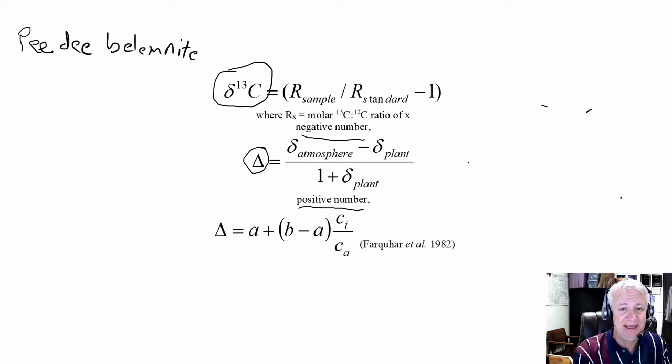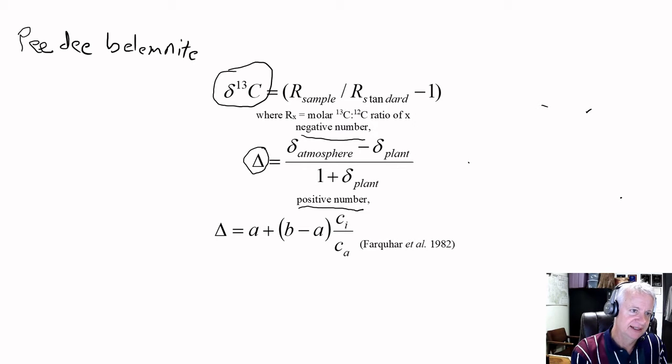What that means is that relative to PD belemnite, the C13 to C12 ratios are all negative relative to PD belemnite. So this little delta ratio for leaf tissue, for instance, is always some negative number. Okay, so that's one little delta measurement, and we'll see some examples of these in a minute.